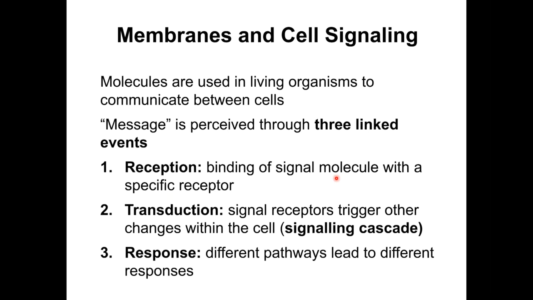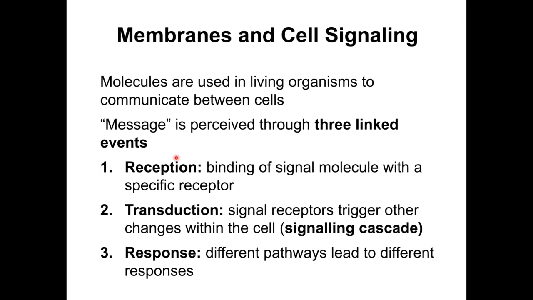Once they bind to that, they transfer that signal from the outside of the membrane to the inside, where they cause the second step, which is referred to as transduction. Transduction happens when the receptors start triggering a series of reactions, referred to as a signaling cascade, which ultimately affect the final molecule, the effector, which triggers what is called the response.